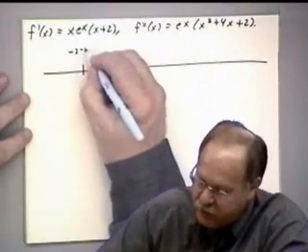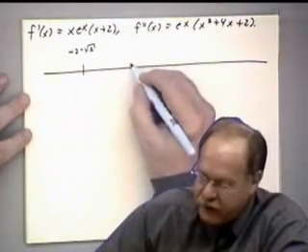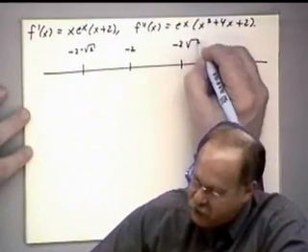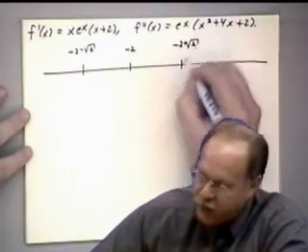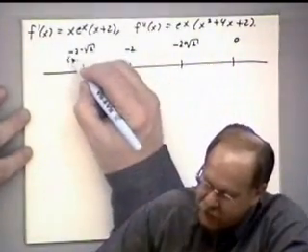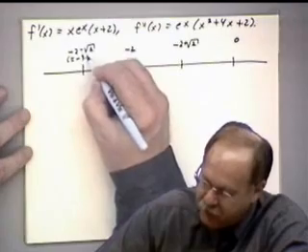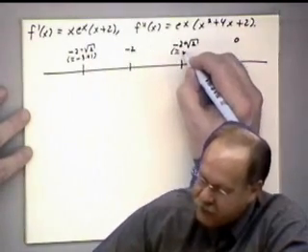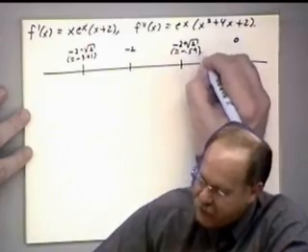This is minus 2 minus square root of 2. The next one up was minus 2. The next one is minus 2 plus the square root of 2. And then the last one was 0. Now remember, this first one is approximately minus 3.41. This third one here is approximately minus 0.59.